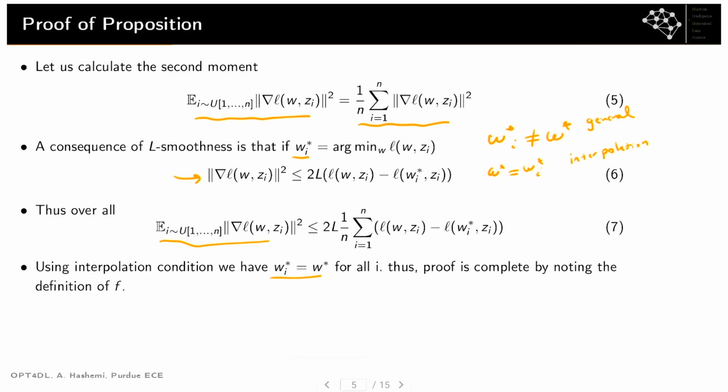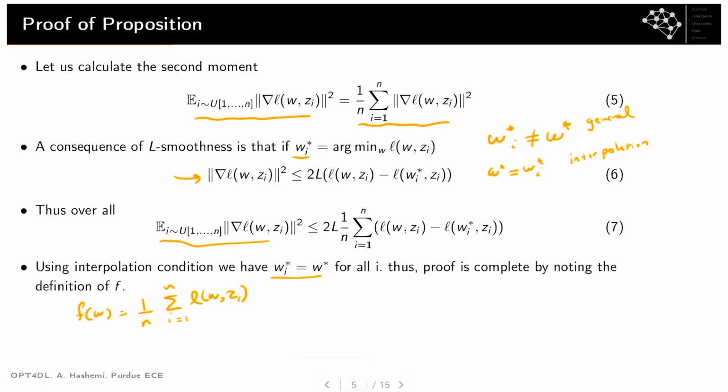So what we can do is to just simply leverage the definition of our function f, meaning that function f is nothing but the average of the individual loss samples. If you plug this into equation 7, then the proof is complete.